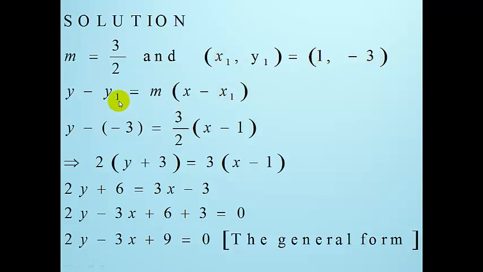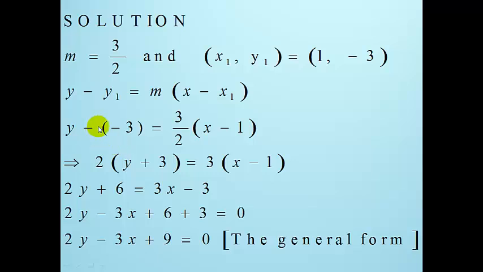So by substitution, we have y minus, because y1 is minus 3, y minus minus 3 into bracket. This is equal to 3/2, because m, that's the gradient, is equal to 3/2. So we have 3/2 into bracket x minus 1, where 1 is x1.